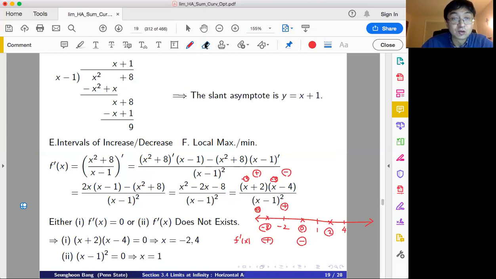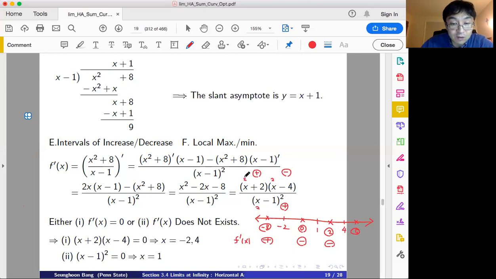You plug 2 into x. 2 plus 2 is positive. 2 minus 4 is negative. 2 minus 1 squared is 1 squared, positive. We have also negative.